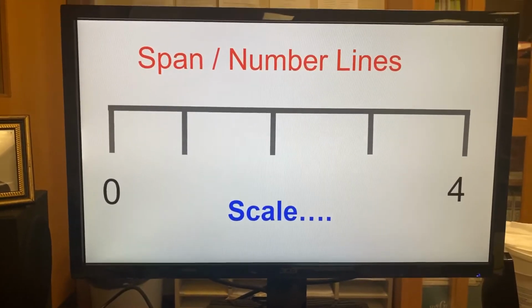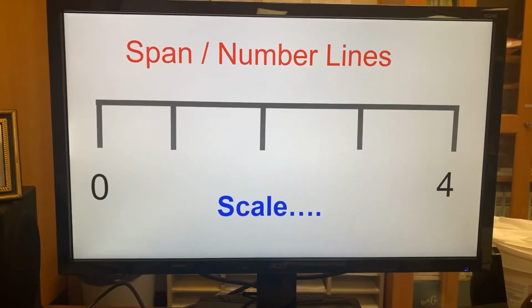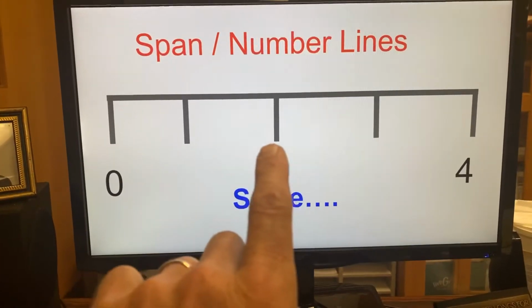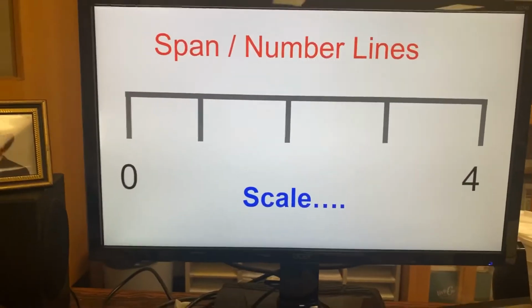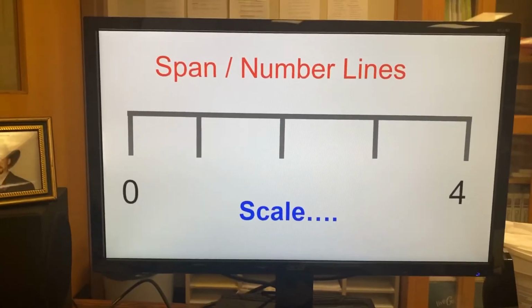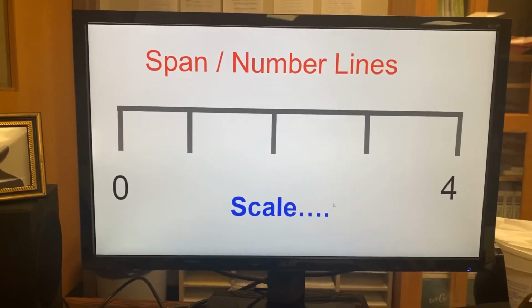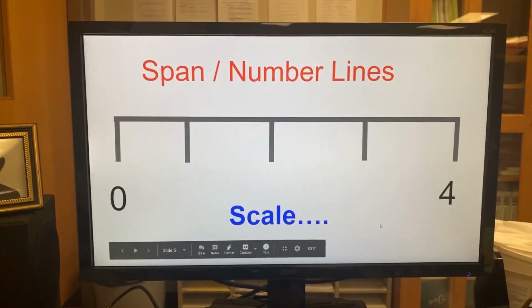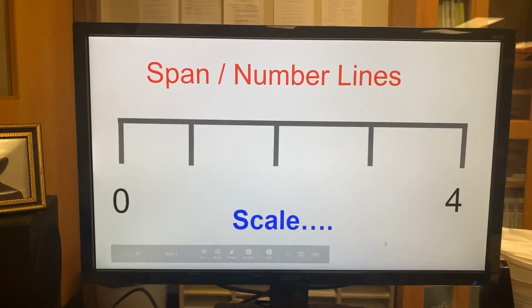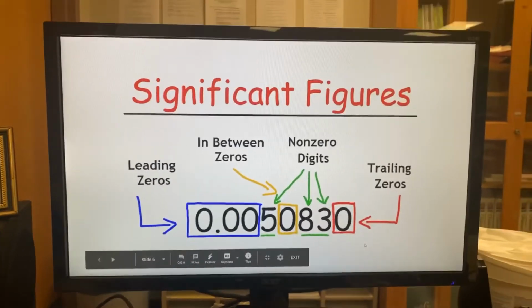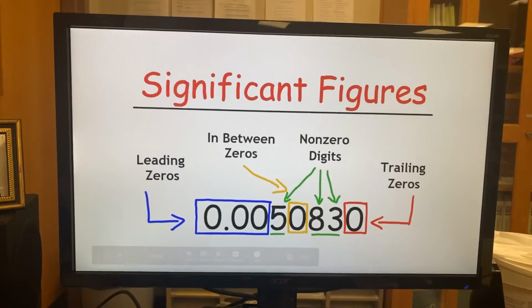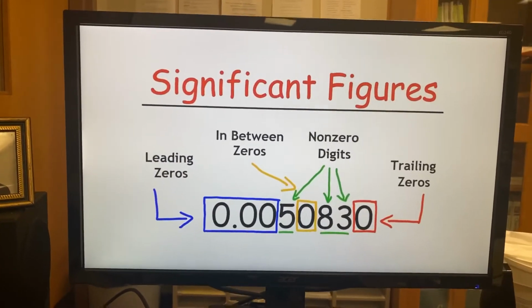So if you have a span of 4 and you have 1, 2, 3, 4 lines, that should be pretty simple. If you have 4 lines, then in this particular case it would be equal to 1. Each line would be 1.